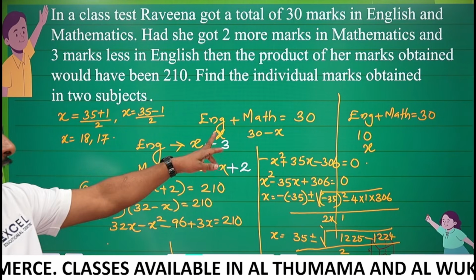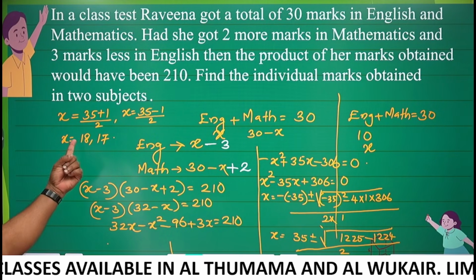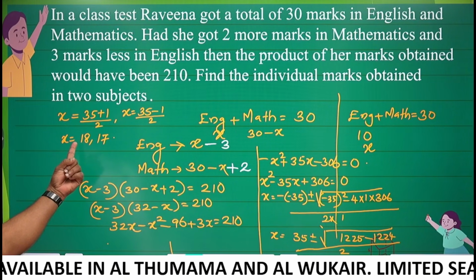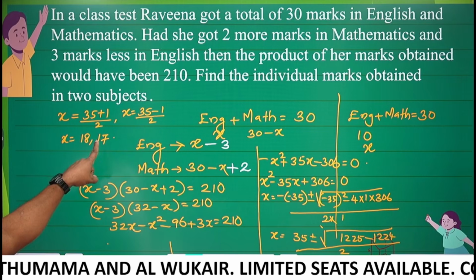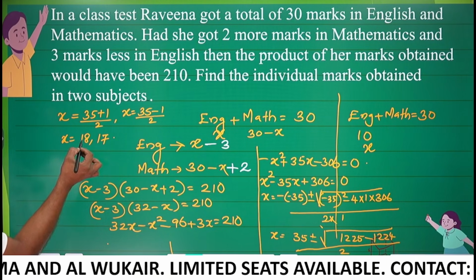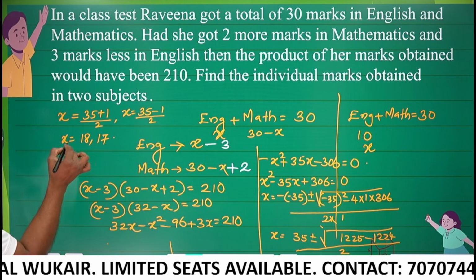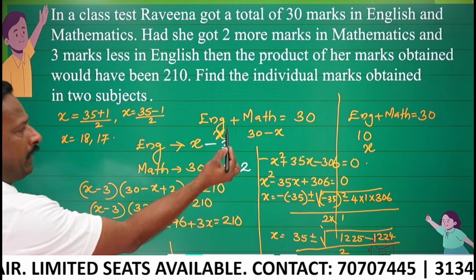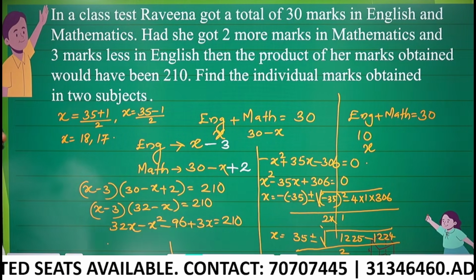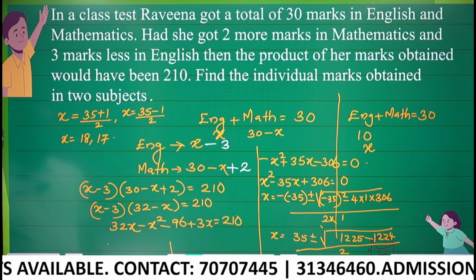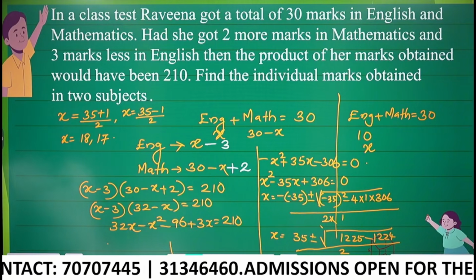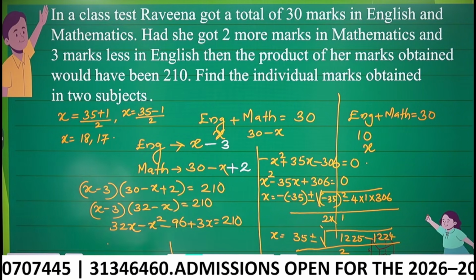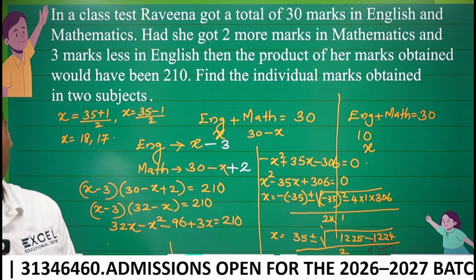X is the English mark. So in English there are two marks, one mark is 18 and the other mark is 17. So in English, if she got 18, then the math mark will be 30 minus 18, that is 12. If x is 17, then the math mark will be 30 minus 17, that is 13.